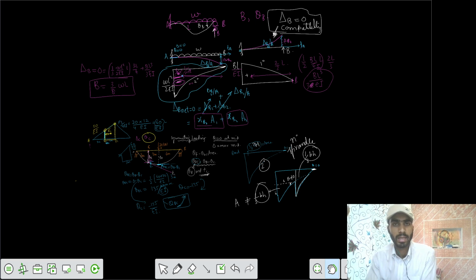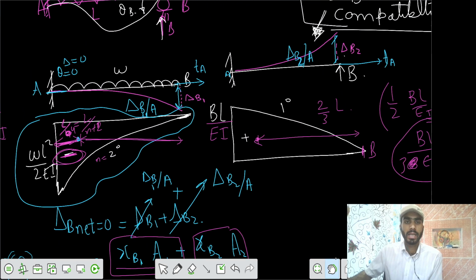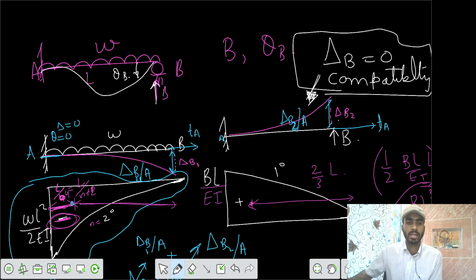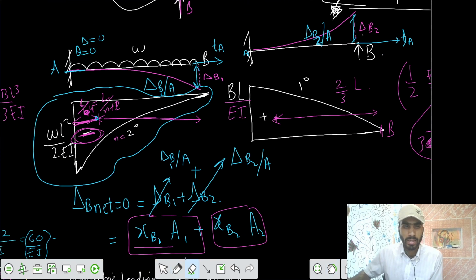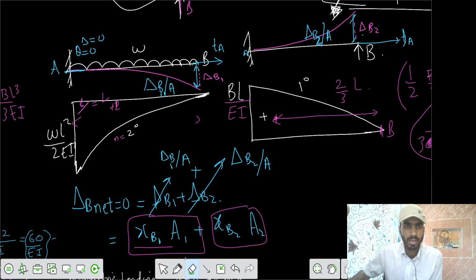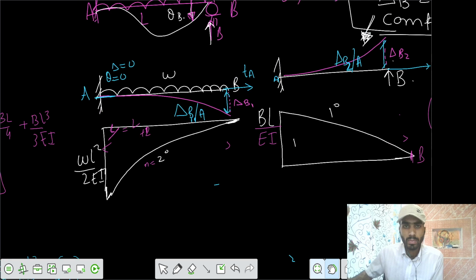Now we need to get the theta at B. Once we got the reaction at B, there is still some theta developed at B. So we can say that is the difference between the two effects when you superimpose them.